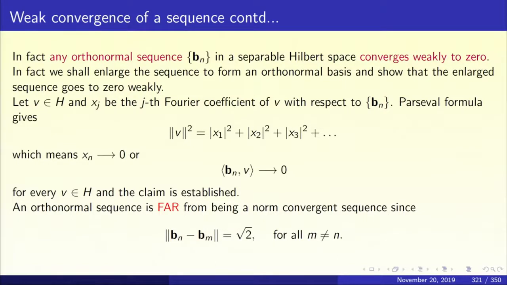So this orthonormal basis, let us call it Bn, and this enlarged sequence itself will go to 0 weakly. How does one understand this? We have to show that for every V in H, the inner product of V with Bj goes to 0 as j goes to infinity.